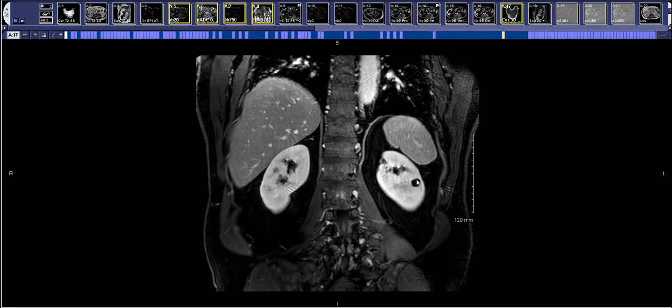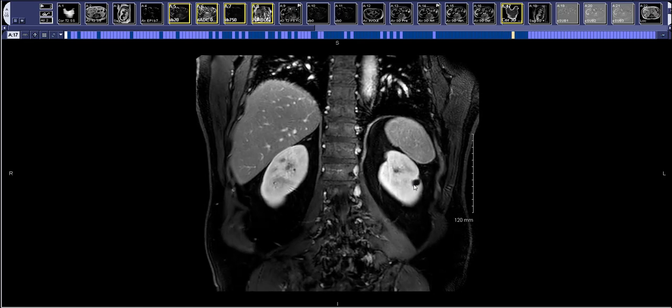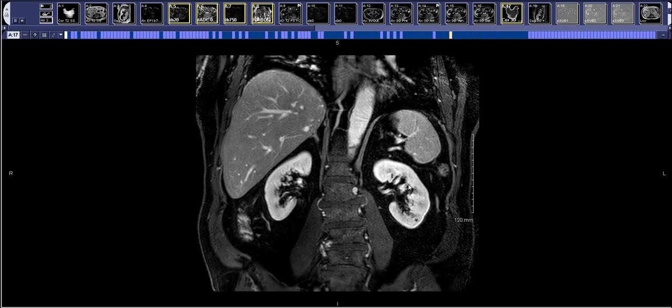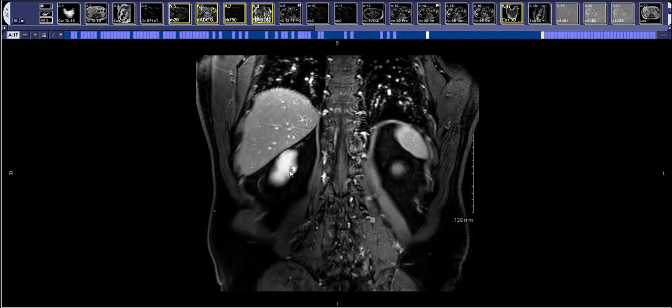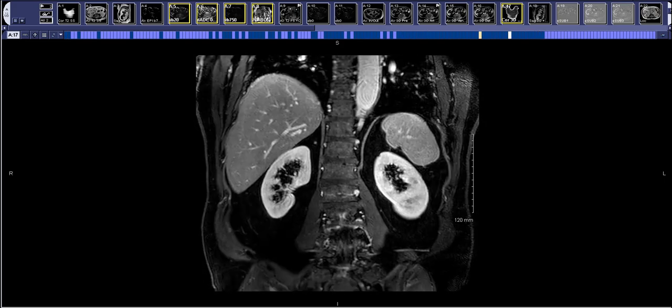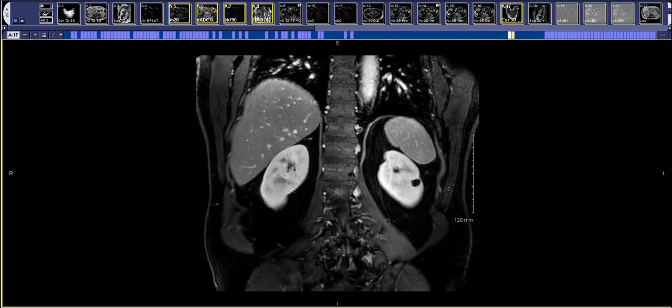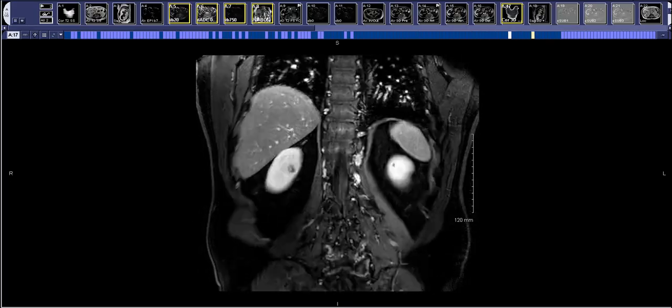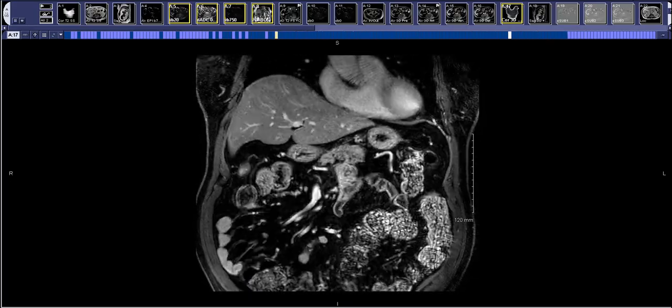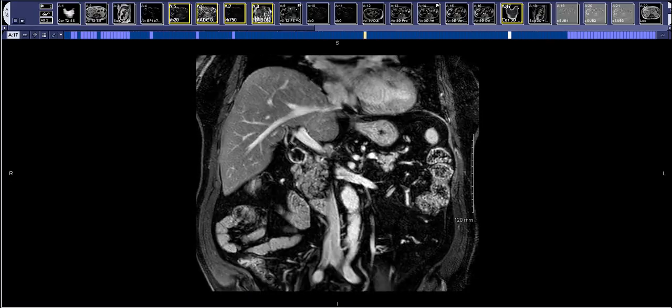Also, you can clearly see that this simple cystic lesion on the left kidney has no enhancement, whereas that right renal lesion is enhancing. You can see the osseous structures; renal cell carcinoma likes to metastasize to the bones and to the lungs, so it's important to get a nice look at both of those.